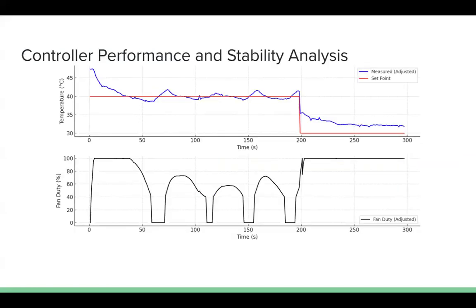So once we had those FOPDT parameters, and as Griffin said, converted them over to PID parameters, we were able to use those in a controller in order to control the temperature of our convection oven.